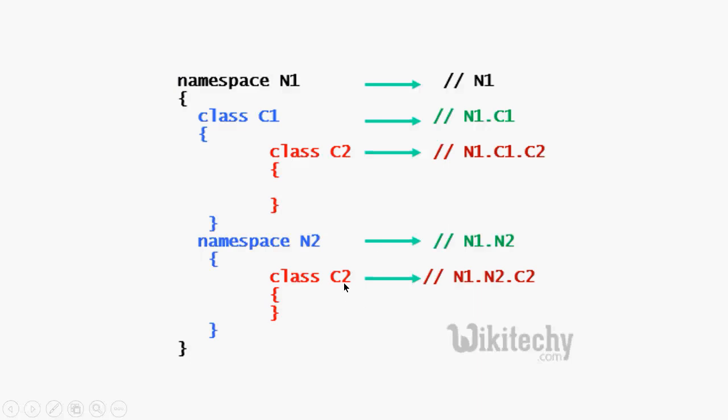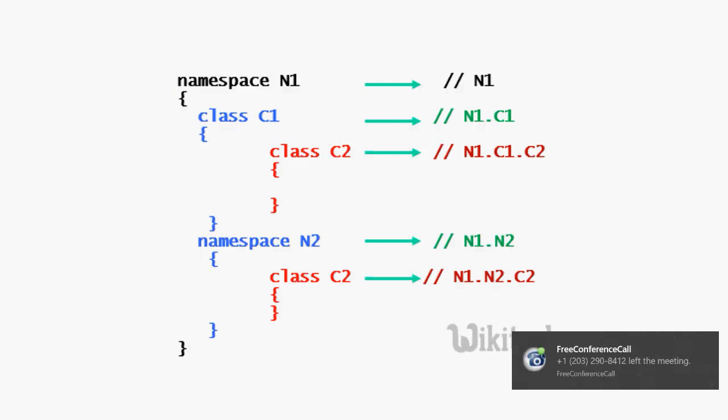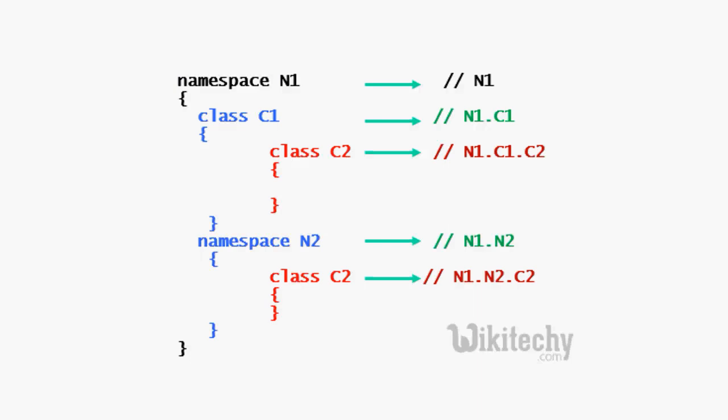You can see we have named it C2 and here also C2, but as the namespace is different, there is no problem. Inside the same namespace you cannot have two classes with the same name, but in different namespaces you can have the same name. That is the logic here.